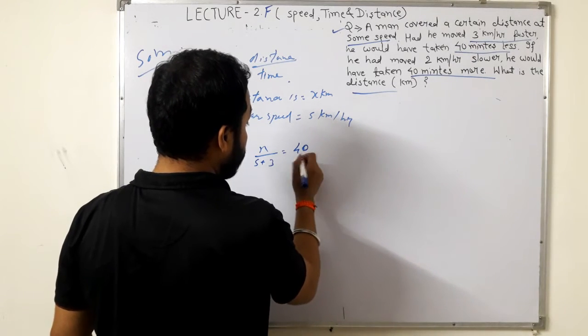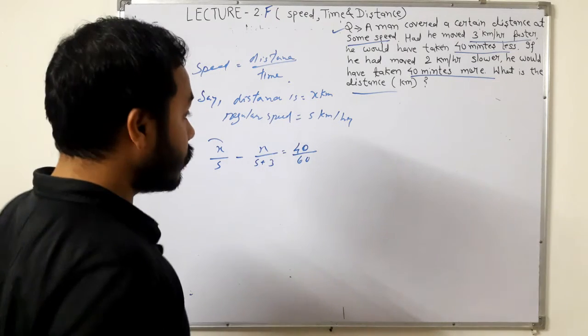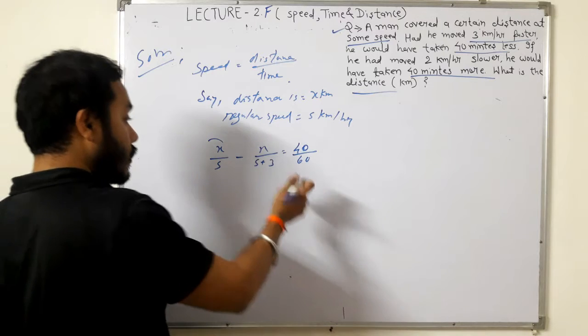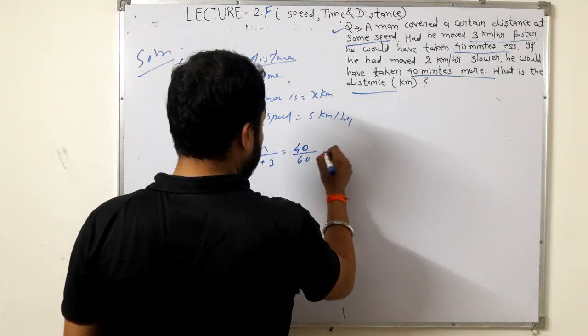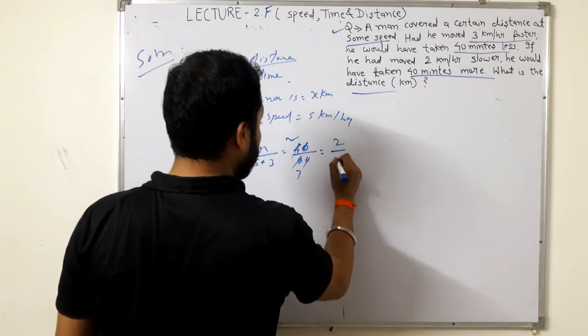So 40 minutes less means what? If this is 40 minutes, then in hours we'll write it as 40 by 60 hour. As we know, 60 minutes is equal to 1 hour, so 40 minutes will be 40 by 60, which directly simplifies to 2 by 3.